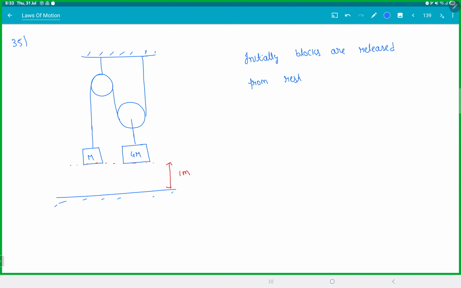First question, find the acceleration of the blocks. Find the speed of the blocks when 4m is just about to hit the ground.